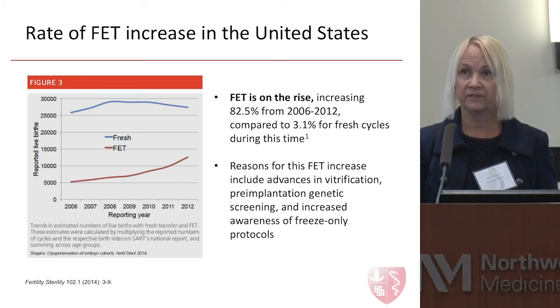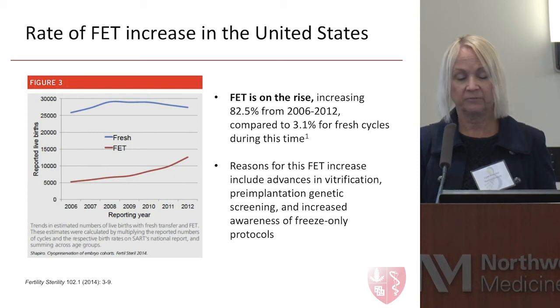And the most recent CDC data from 2015 reports about 91,000 fresh cycles and almost 70,000 frozen cycles in non-donor cycles. So I think in the next couple of years, they're probably going to be very close to the same numbers.